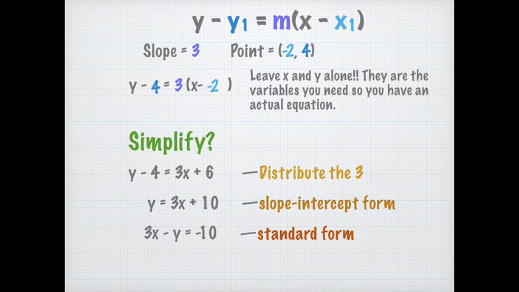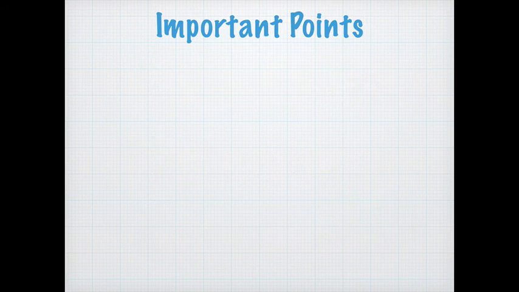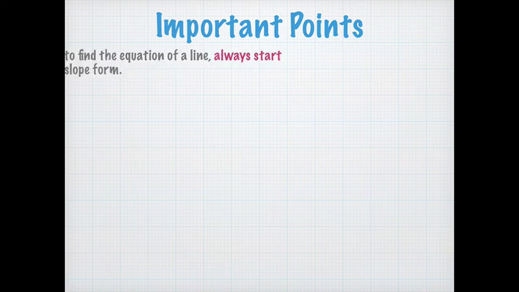You would do that by subtracting a y and subtracting a 10. Remember, in standard form, you want that leading coefficient on the x, the 3, to be positive. It doesn't matter what the coefficient on the y is, whether it's positive or negative. It doesn't matter if the constant is negative, but that leading coefficient you want to be positive. And remember, no fractions.